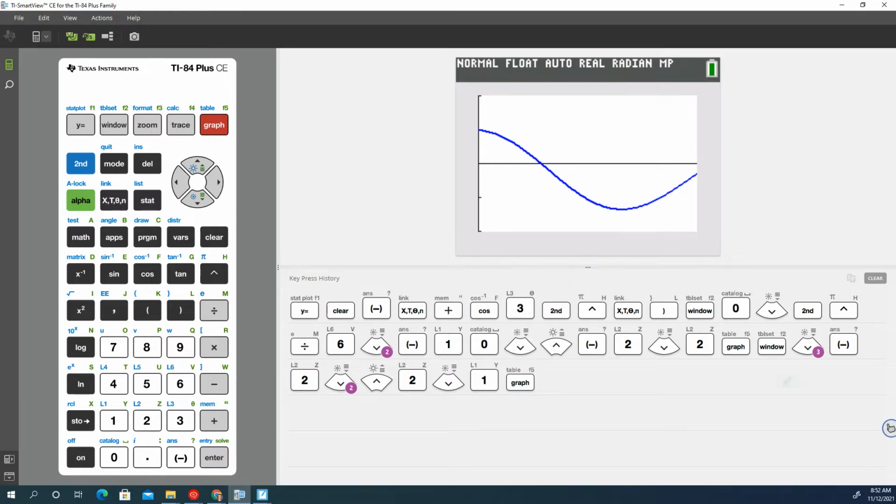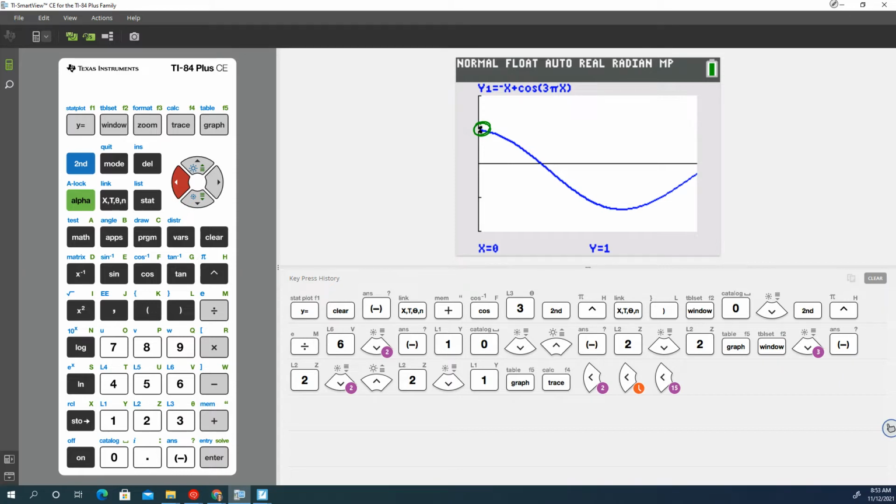I do see that this endpoint right here looks like it's my highest value. What we can do is hit that trace button and toggle along the curve to figure out what value we have right there at my endpoint. Right at 0, I see I have a y value of 1.